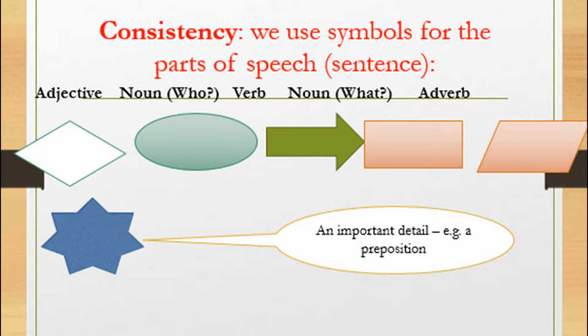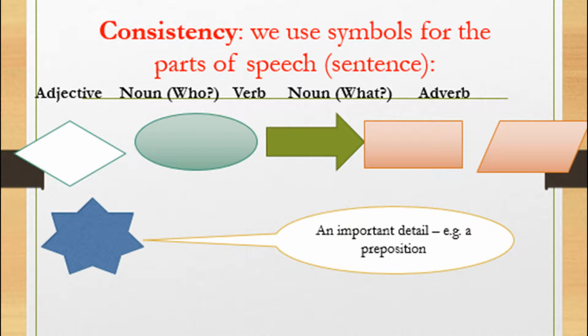Also, there is a verb, which is an arrow, and other nouns, which are secondary parts of speech, will be symbolized by a rectangle. The adverb is a trapezoid, and finally, any important detail will be in a star, for example, a preposition or a question word.